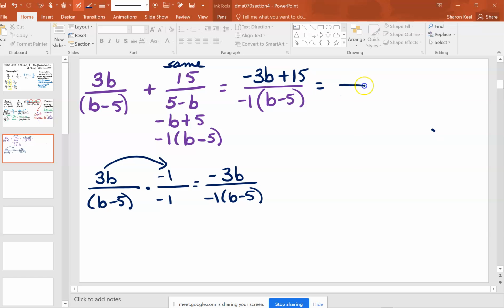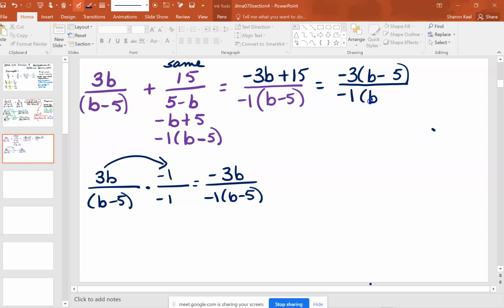My next step is, in order to simplify, I can factor out of the numerator a negative 3. That's going to leave me with a B and a 5. Let's check our sign though. Negative and positive is negative. Negative times what would be a negative gives me the positive. Then I have on the bottom negative 1 and then still the B minus 5.